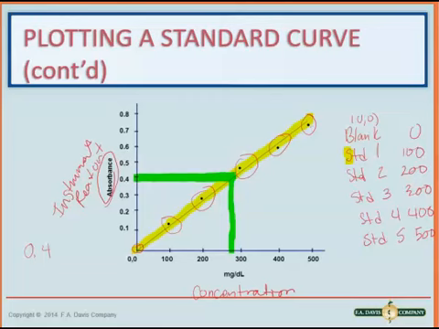I'm sorry, that's not perfectly straight, but we can get the concentration of our sample because we have established our standard curve. So our concentration of our sample, let's just say it's 275 milligrams per deciliter. Okay, so that's our concentration of the sample. So that's why we establish these standard curves, so we can ultimately find out the concentration of our patient samples.